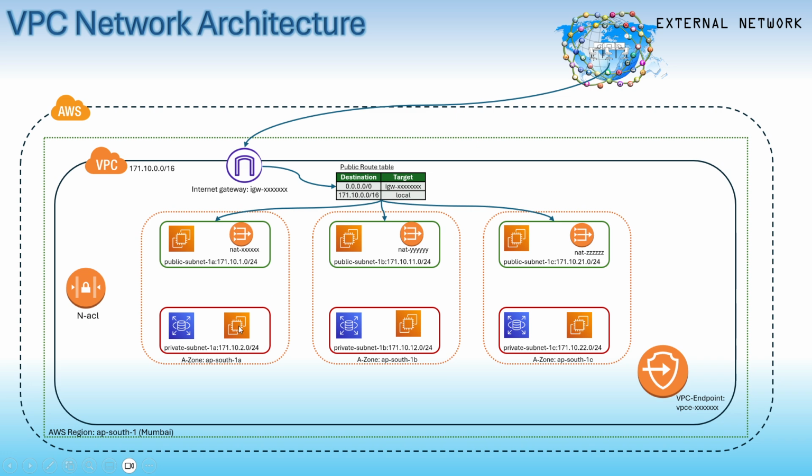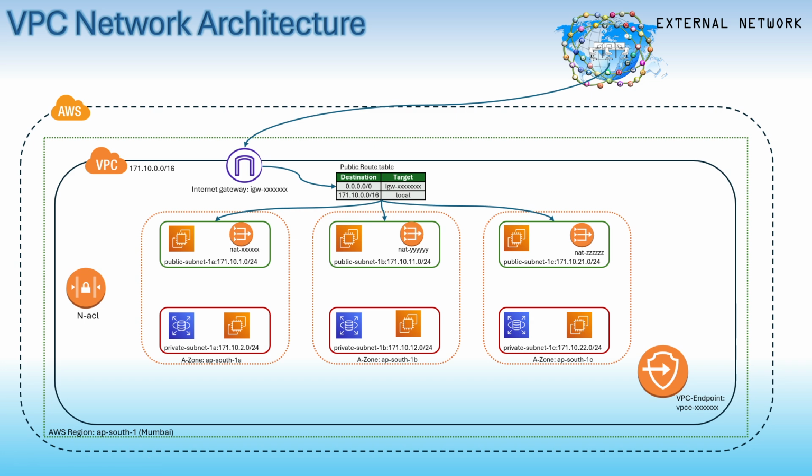But suppose your operating system needs patching, or you have new security features you want to add to your machines like RDS or any EC2 machines, then you need to download some packages, security packages. For that we need a NAT gateway. Why do we need a NAT gateway?